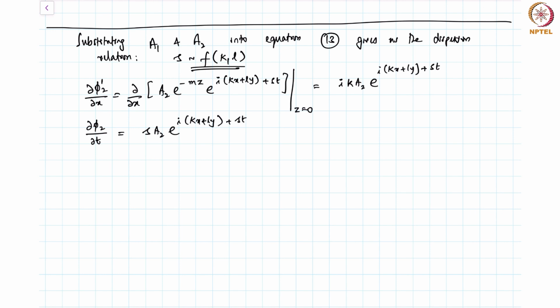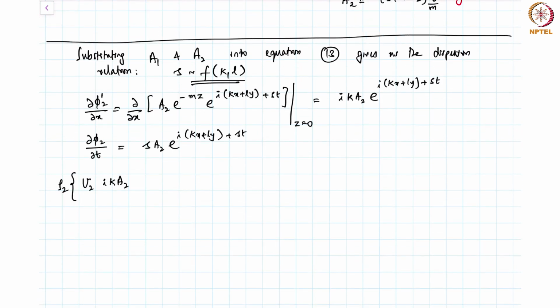What we now have is rho 2 times u2 times ik A2, that is, u2 times del phi 2 by del x, that's the first term, plus del phi 2 by del t, that is s A2.